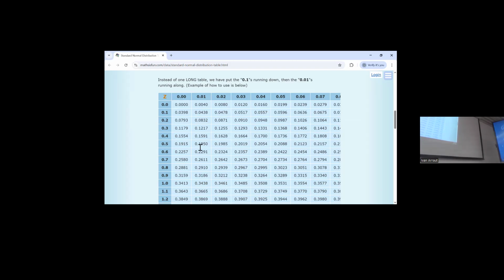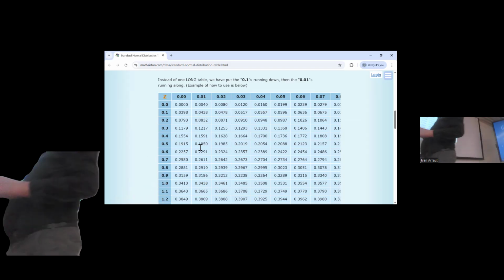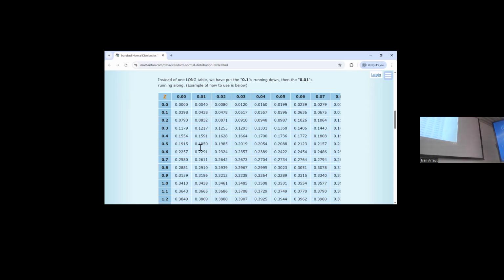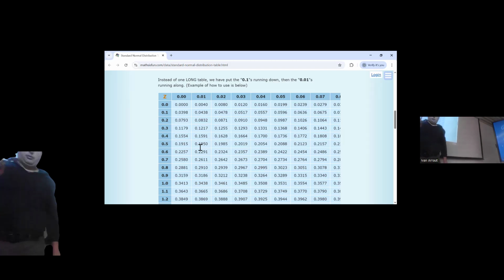This is a standard normal distribution. I want to put C equal 0.51. Then I go to this table. 0.51. Because 0.01 is attaching 1 here. Then it's giving me 0.1950, right?